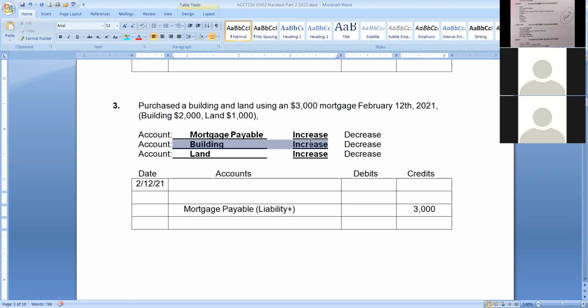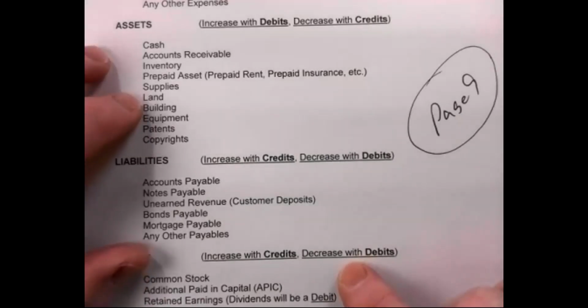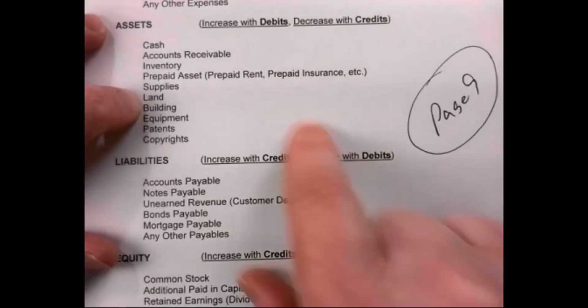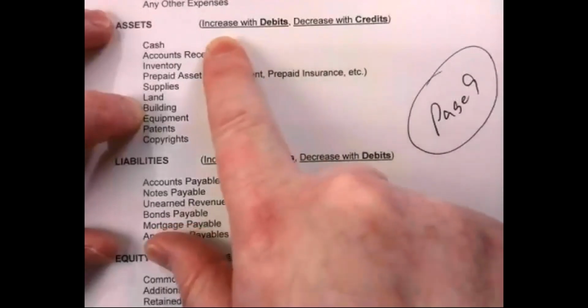Let's take the building. Building is increasing. Building and land are both increasing. They're right next to each other. They're both assets, and they're increasing, so they will both increase with debits. So land and building, they're both assets. They're increasing with debits.